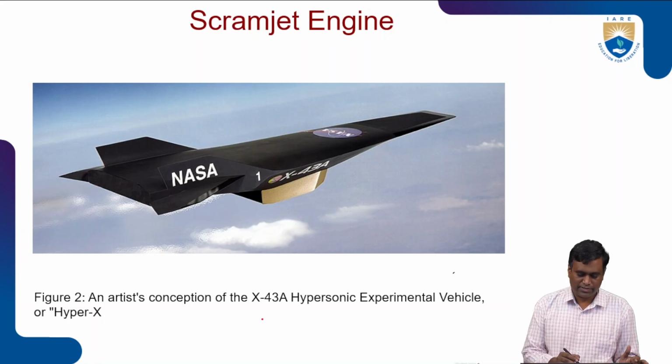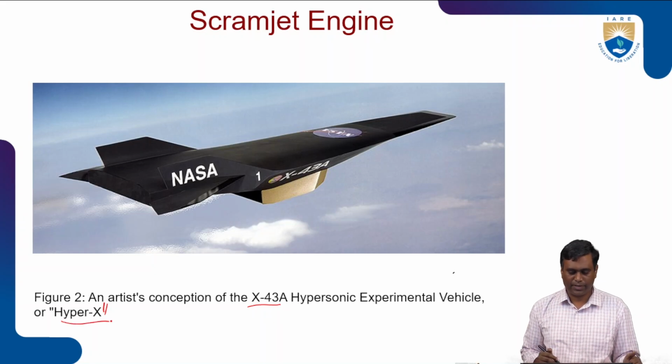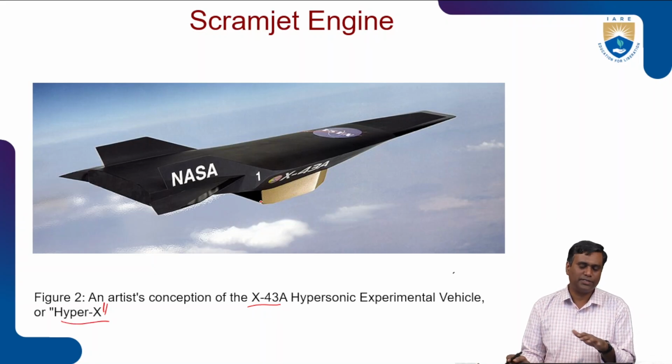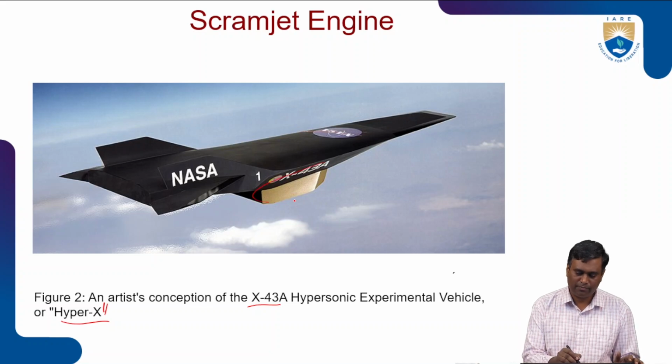So this is the X-43A. This is a conceptual picture. NASA developed the X-43A hypersonic experimental vehicle, also called HyperX, right? Here the engine is a part of the airframe. Engine is a part of the airframe.